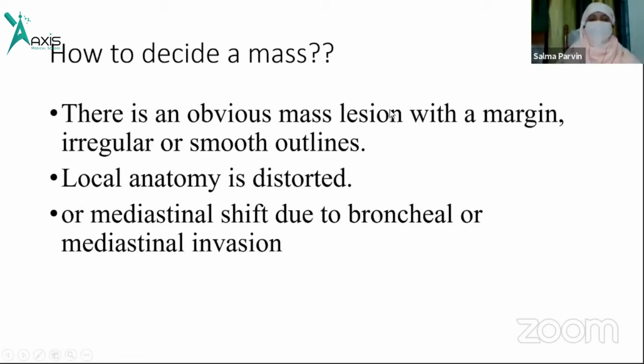Whenever you get a shadow in the X-ray, you have to decide whether this is a mass or not. Mass means this is not a simple infection, this is not a simple collapse, and you are not going to miss any lesion. Might be mitotic. That is what your eye needs to be expert at.